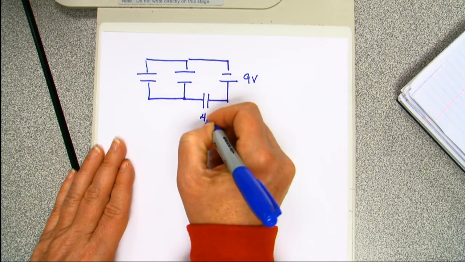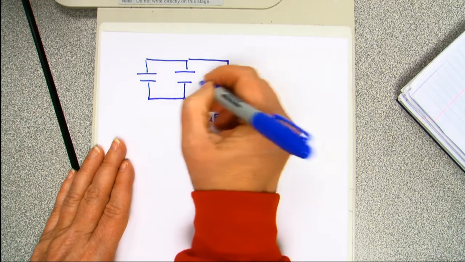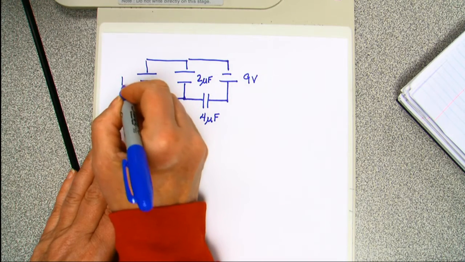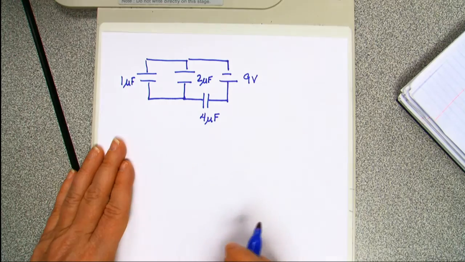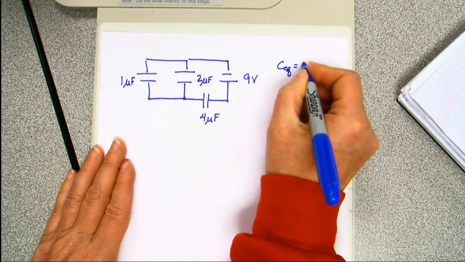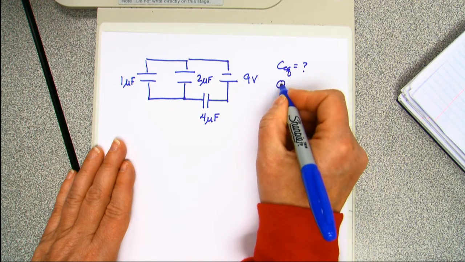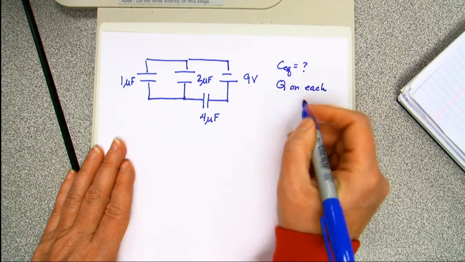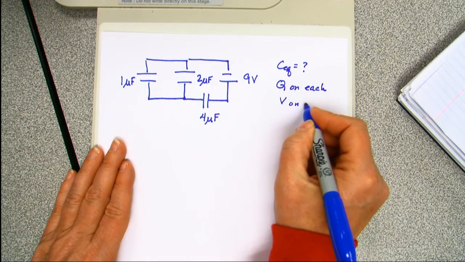This is a 4 microfarad capacitor. This is a 2 microfarad capacitor. And this is a 1 microfarad capacitor. We want to find the equivalent capacitance of the system. We want to find the charge on each. And we want to find the voltage on each.